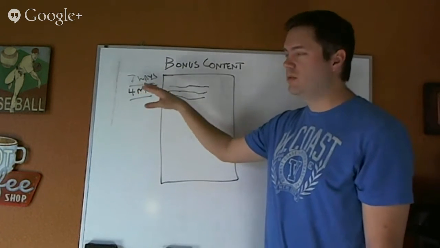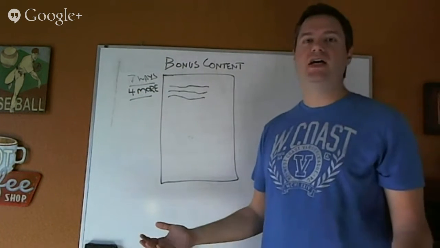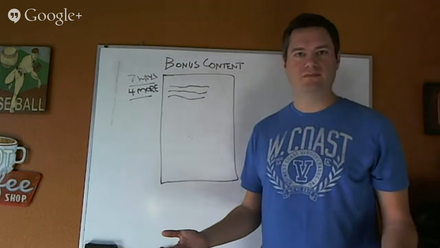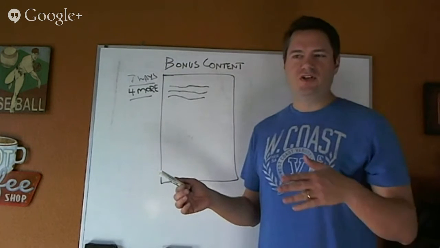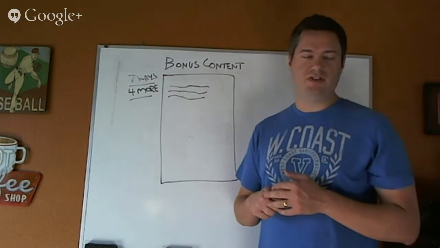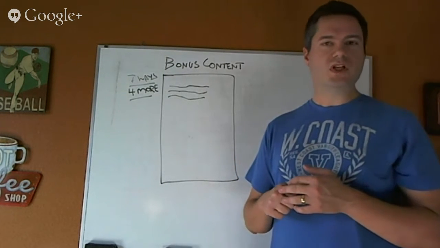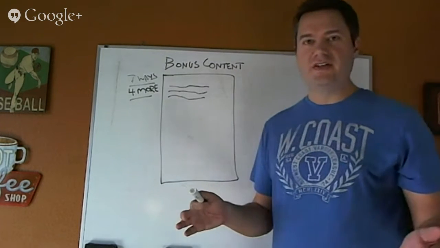The four more ways you're going to give as a bonus. This is just one example. I'm going to show you some other examples in just a minute that I think will help you as well. But here's how you set this up.